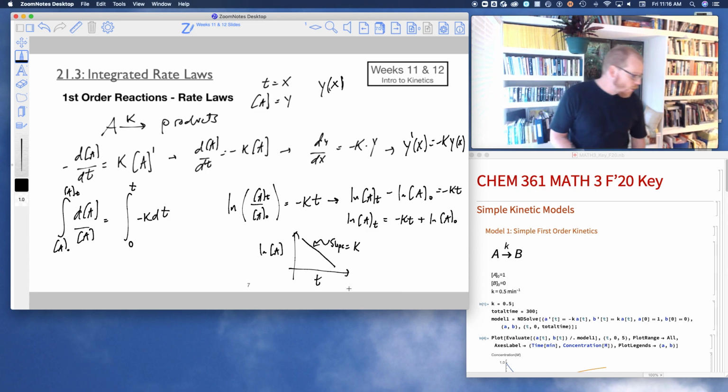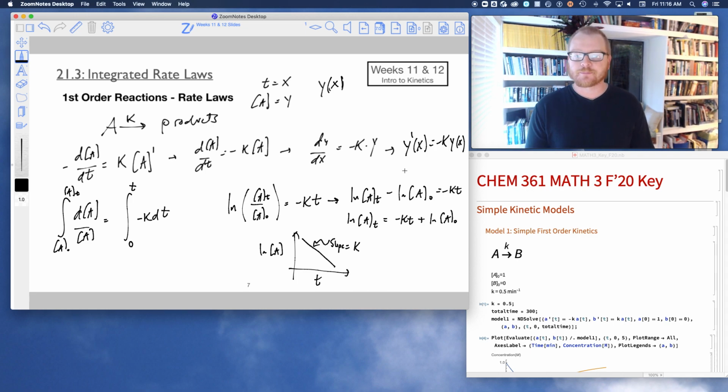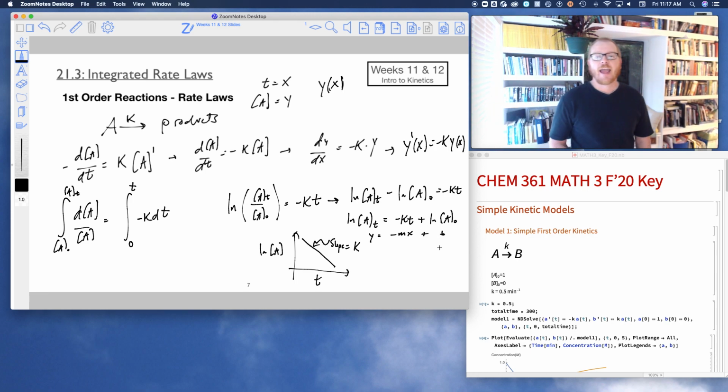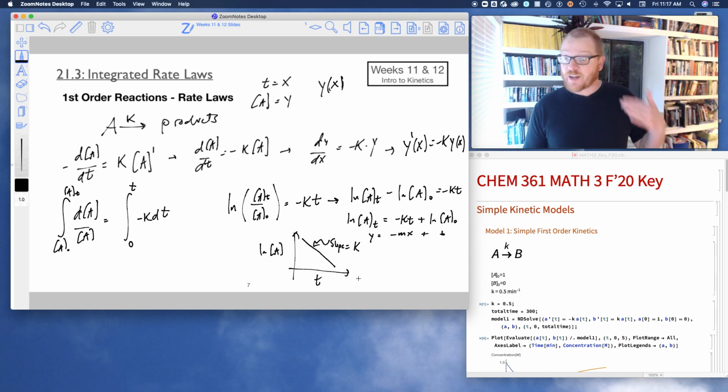Okay? So we always view rate constants as positive. Rate constants are always positive, but because of the negative sign in that equation, there's a negative slope. Okay, so this becomes a y equals negative mx plus b, right? And the fact that this is decaying tells us the reactant's concentration is decreasing in time.